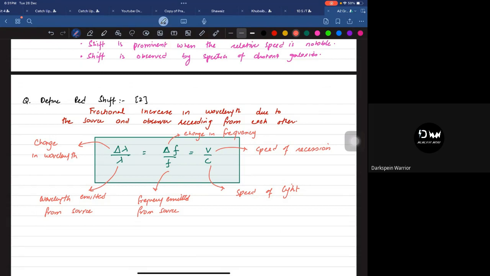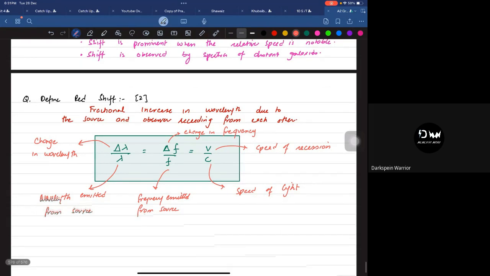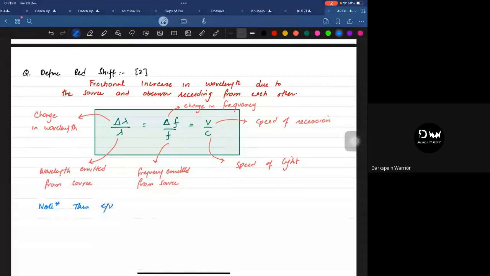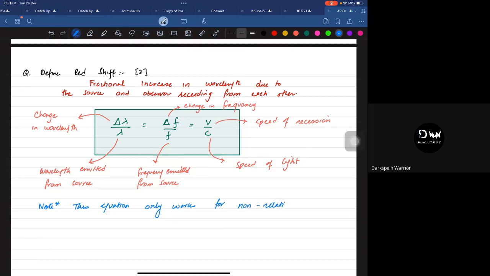Now, one thing that you guys need to remember about this equation, please write a note, that this equation only works for non-relativistic galaxies.